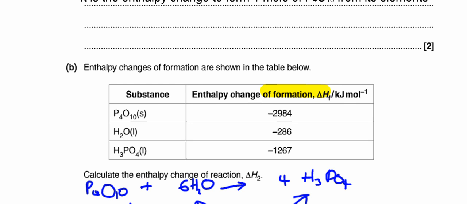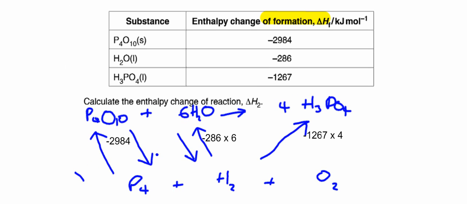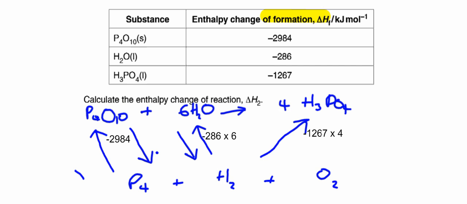Because it's given us formation data at the bottom of our cycle, we're forming from our elements. So at the bottom of your cycle, you've got your elements. And here I just want to do a little bit of adjustment because I want to make clear that these arrows here are going in the opposite direction.